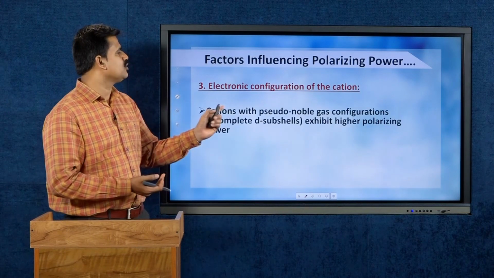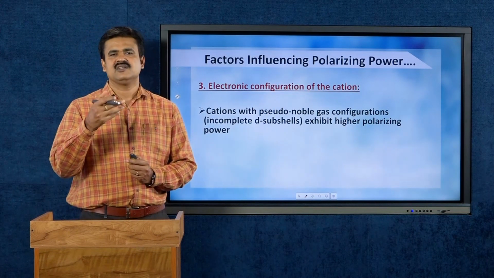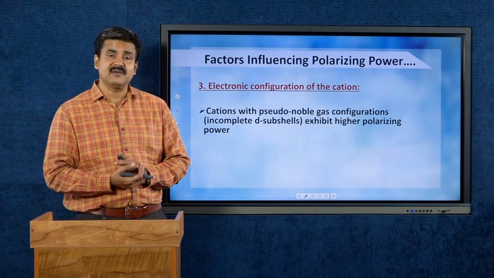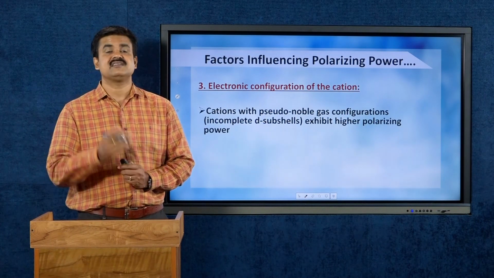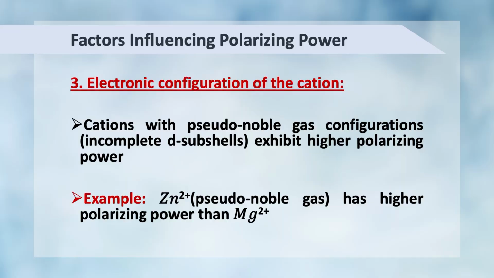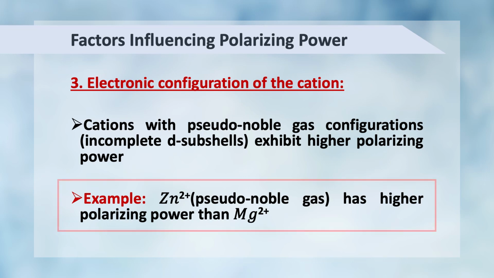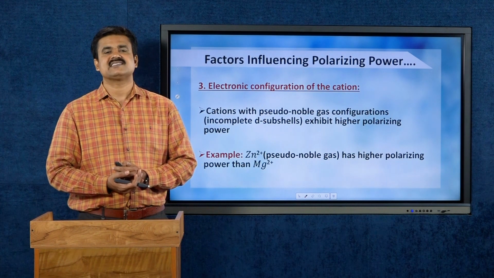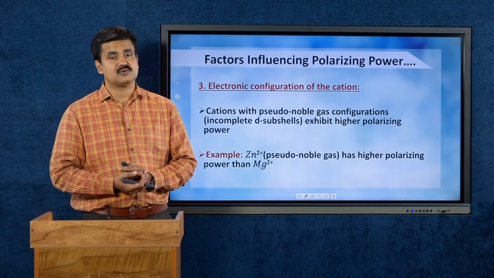Cations with a pseudo-noble gas configuration, that is, not a perfect noble gas configuration, or those associated with incomplete d subshells, exhibit higher polarizing power. For example, zinc 2+ is a cation with a pseudo-noble gas configuration and has higher polarizing power than Mg2+. Mg2+ is a cation with the perfect noble gas configuration.